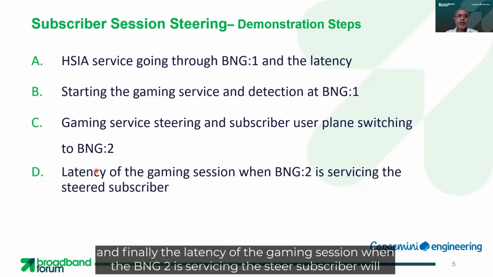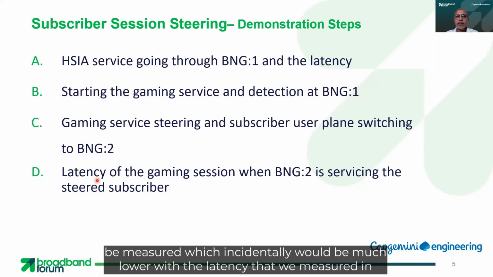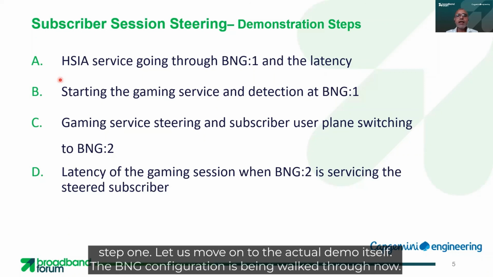And finally, the latency of the gaming session when the BNG2 is servicing the steered subscriber will be measured, which incidentally would be much lower than the latency that we measured in step 1. Let us move on to the actual demo itself.